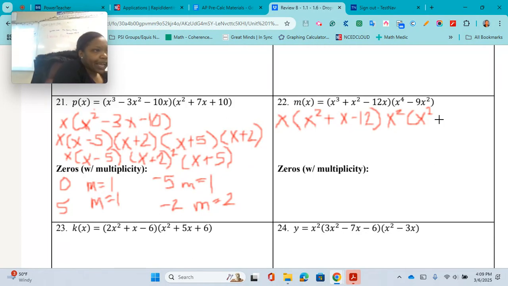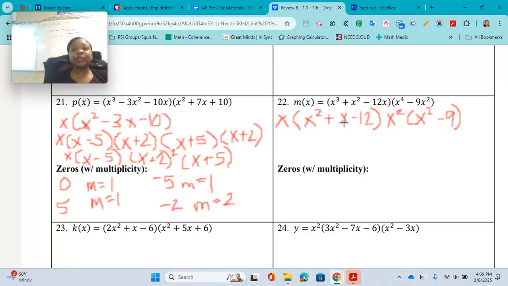If I pull out that X squared, what do I have left? X squared minus 9. Now, before I start combining, I need to factor.